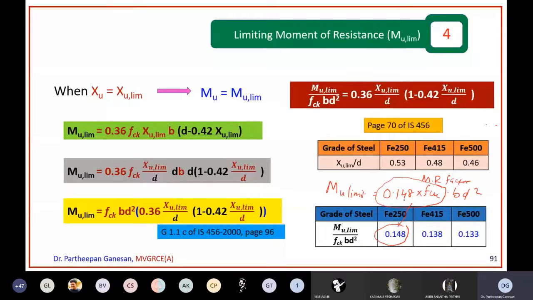If you have Fe 415, instead of 0.148 you will have 0.138. If you have Fe 500, you will have 0.133. This factor multiplied by FCK is called the moment of resistance factor. Sometimes that is represented as Q, or sometimes by R. So MU limit is equal to QBD square or RBD square, where Q or R is called the moment of resistance factor. Okay, so that is another equation.